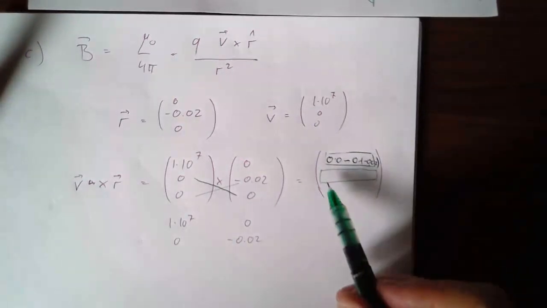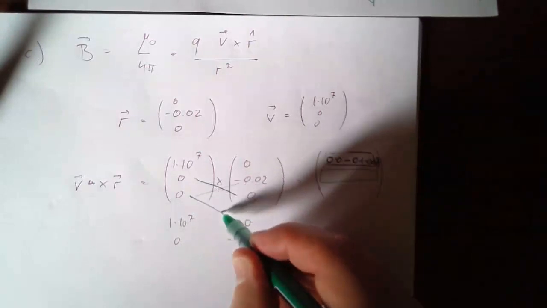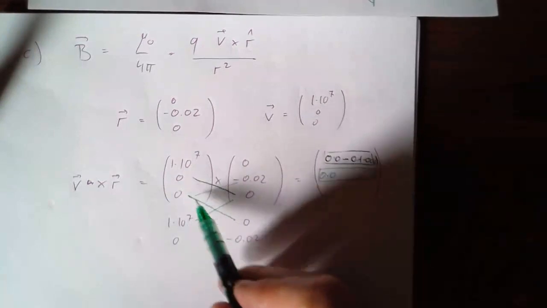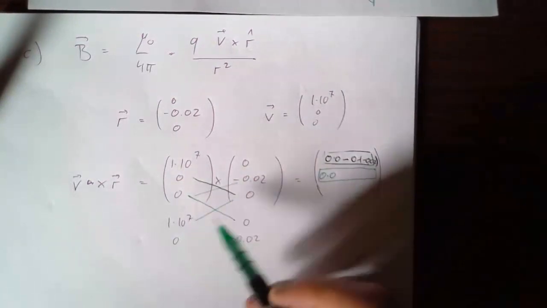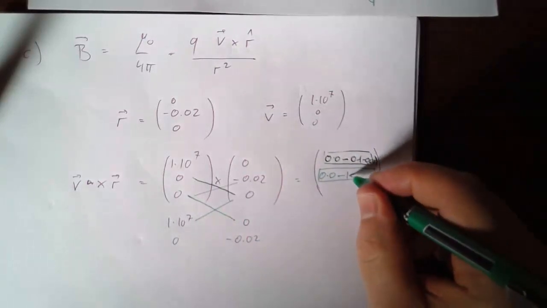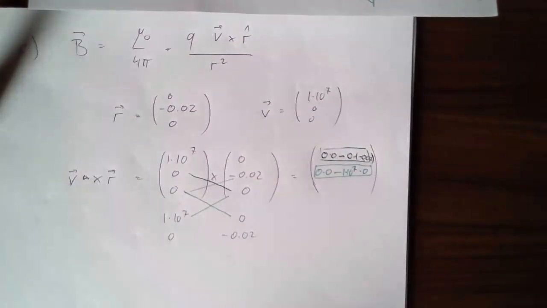And then to get this one, I go on my y component, so I start on the next one down, I go down minus this. So what do I have now? I've got 0 times 0. That's boring once more, right? Minus, when you go the other way, it's always minus. 1 times 10 to the 7 times 0, again, that's going to be 0.